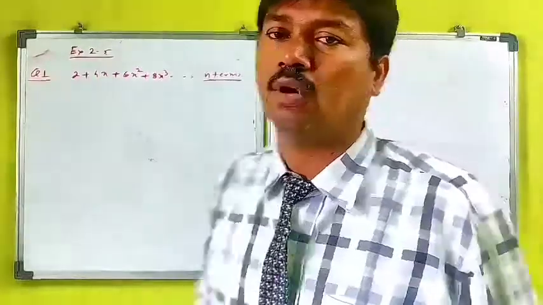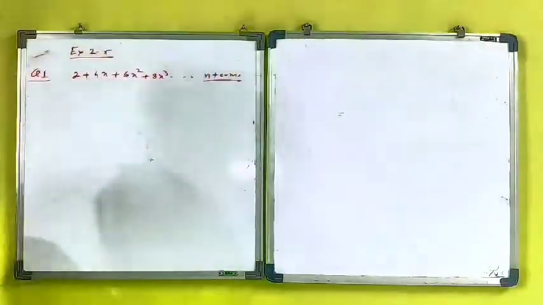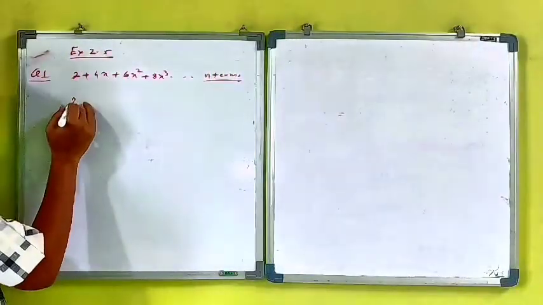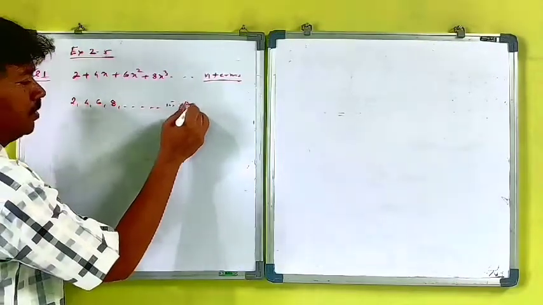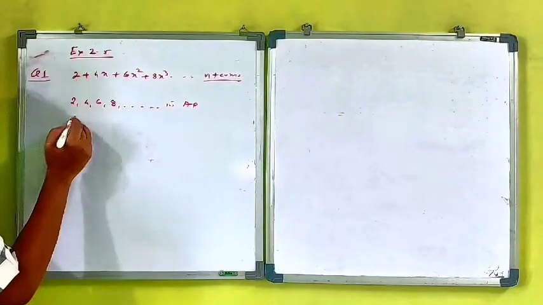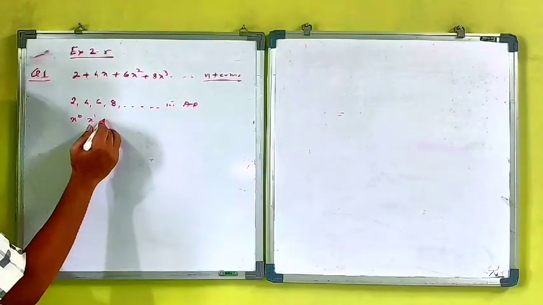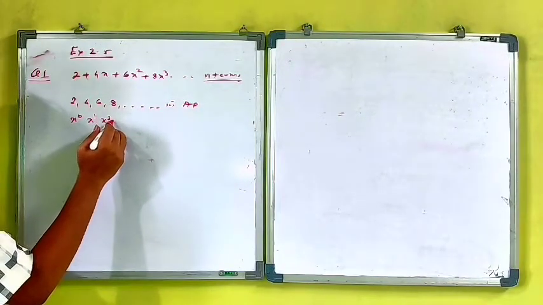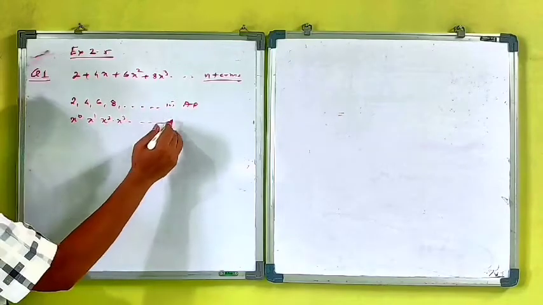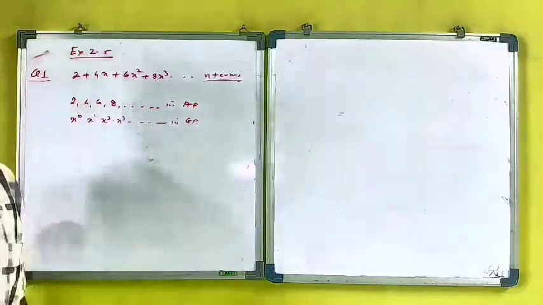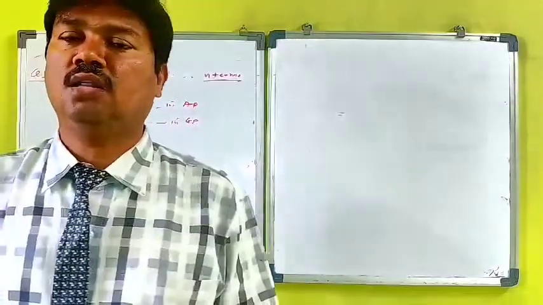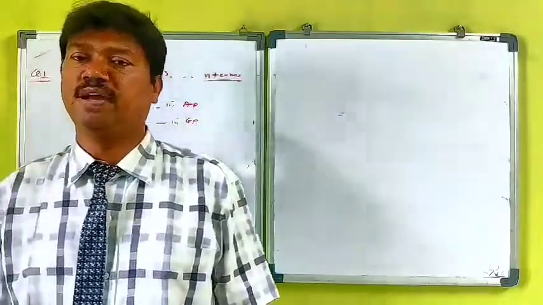So you can observe this properly. 2, 4, 6, 8 is in AP. If you observe this, x to the 0 here, x to the 1, x to the 2. So this is in GP. So this becomes APG. It is an arithmetic geometric progression mixture.